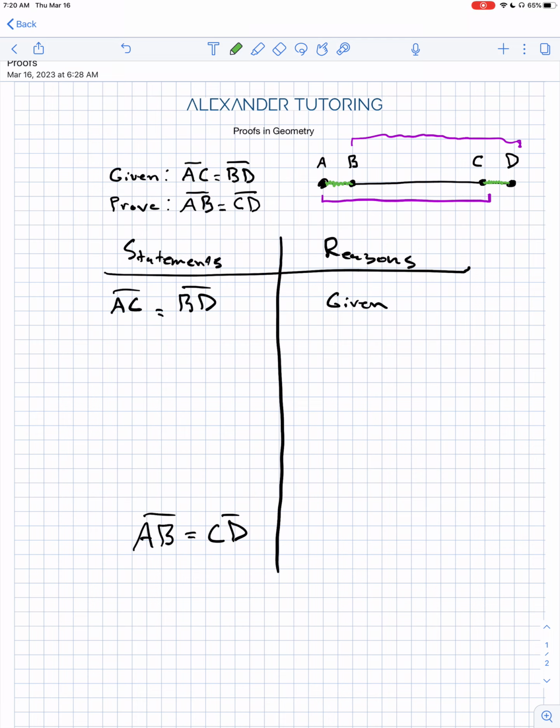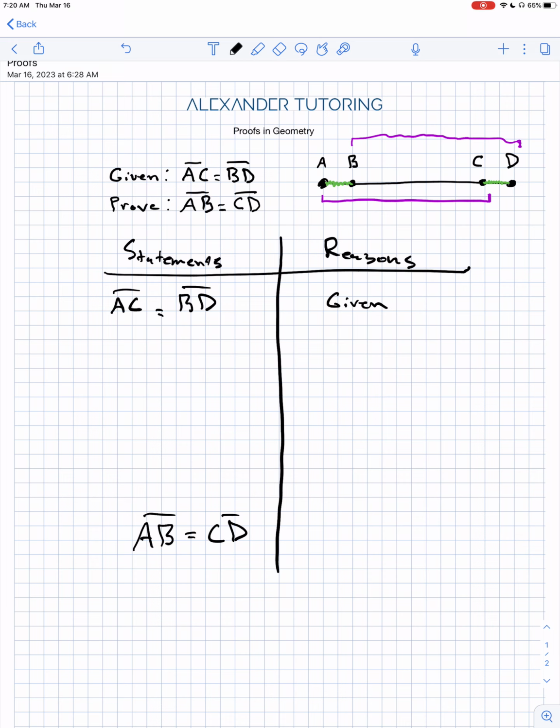Okay, so what do I see here? I see these two segments, right? And then we want to get to the green section, and we can see that, for example, AD is the sum of AB plus BC plus CD, right? And so now I'm starting to think about segment addition or subtraction. And so I'm just going to start writing things down that we can figure out from this. For example, I could say, let's add some of these guys together.